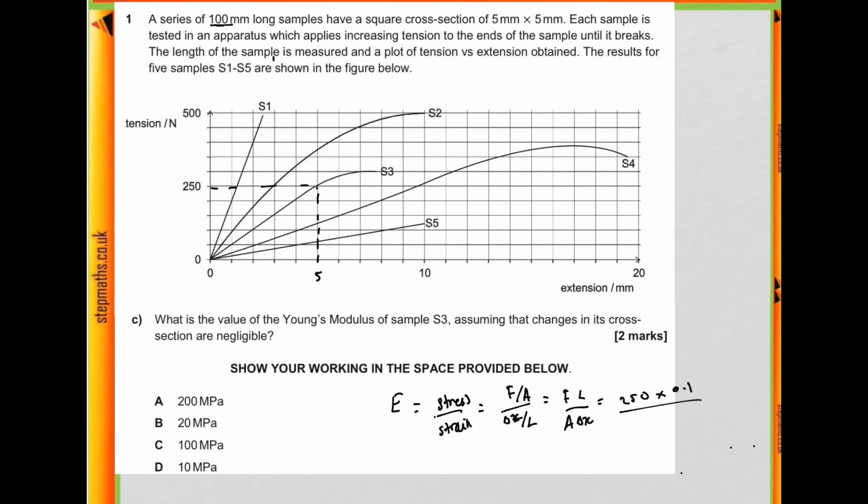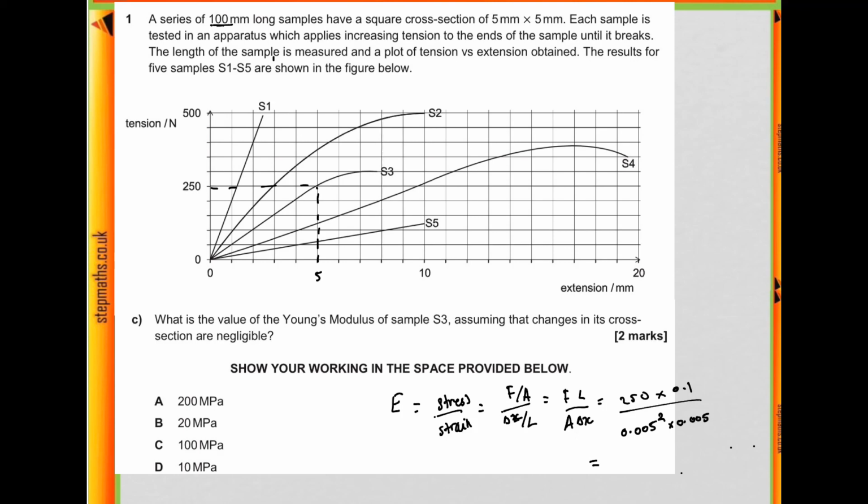And what is the area? The area is 5 millimeters by 5 millimeters. 5 millimeters is half a centimeter, so therefore this is 0.005 squared as the area, multiplied by the extension, which in this case we know to be 5 millimeters again, so it's multiplied by 0.005 again.